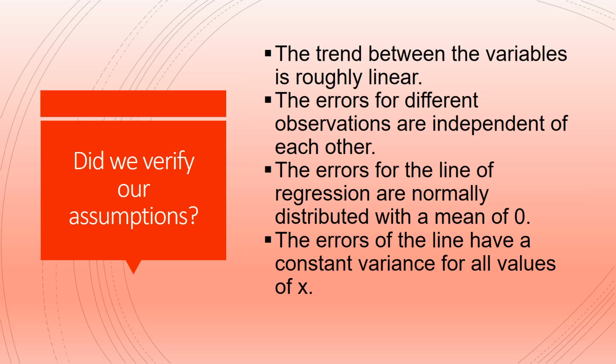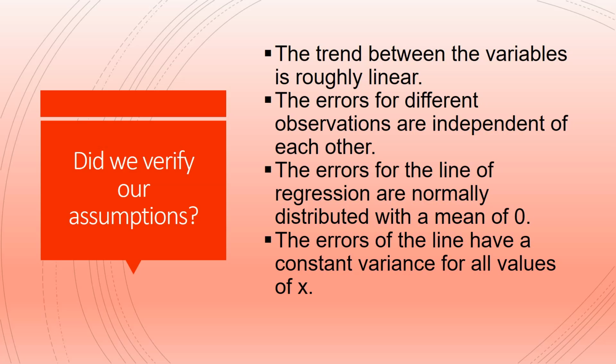And now we've got most of our assumptions covered. We've shown that the trend line is roughly linear through the several different graphs. We've shown that the mean of the error is 0 and that it's distributed normally. And we can also say that the errors are independent because they are not affected by one another.